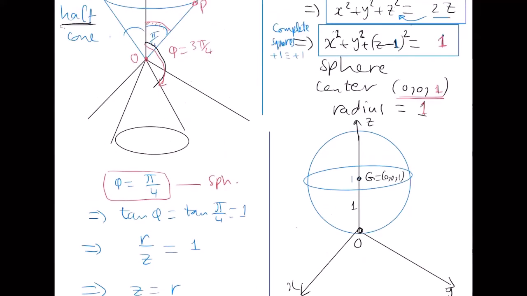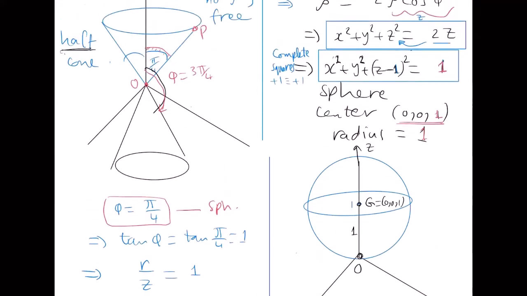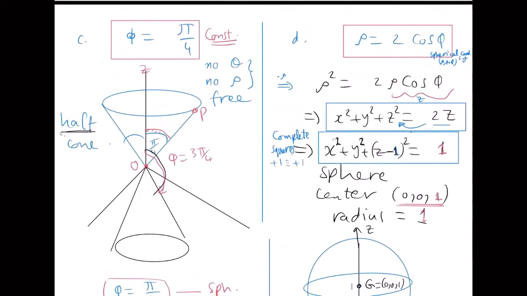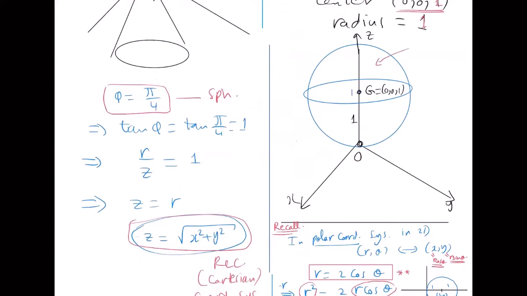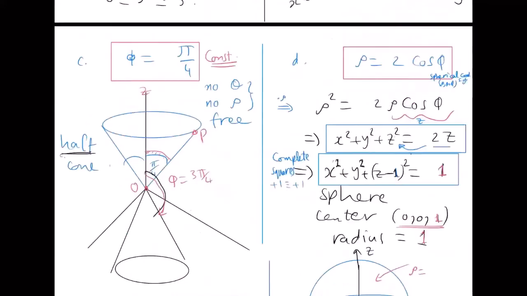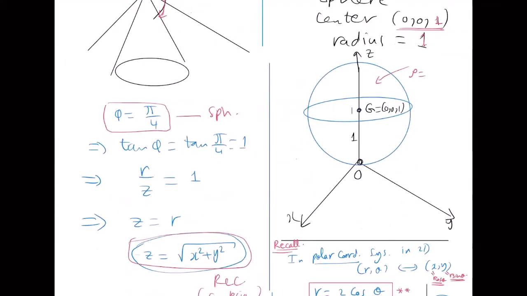What is the equation in spherical? Look at this equation: rho equals 2 cosine phi. So all of these points on this sphere have this equation. Rho equals 2 cosine phi. So when we need to scan this region, we go from the smallest rho.